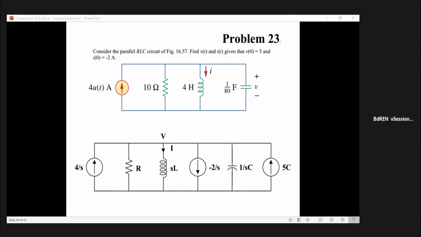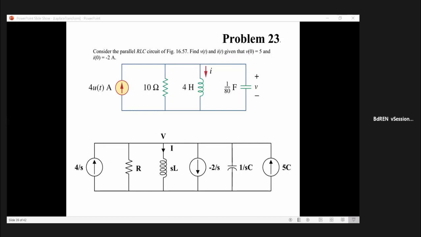Let us start from the source. Your source is a step with amplitude equal to 4. Its Laplace transform is 4/s. Then the resistance remains unchanged, and the inductance is replaced by Ls, and the initial current of the inductance will be represented by a current source in parallel with the inductor.